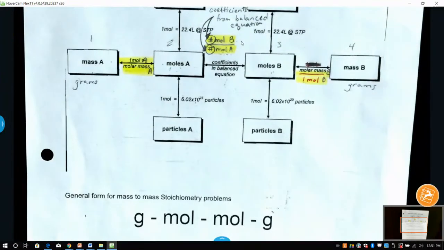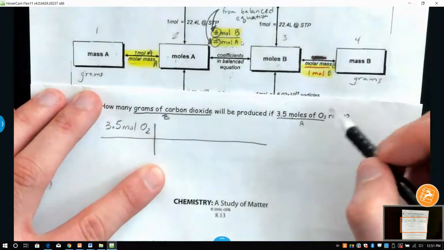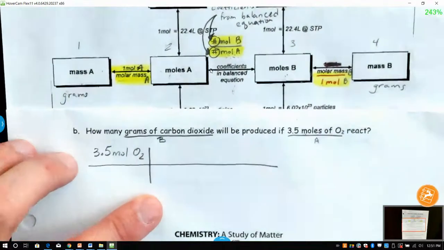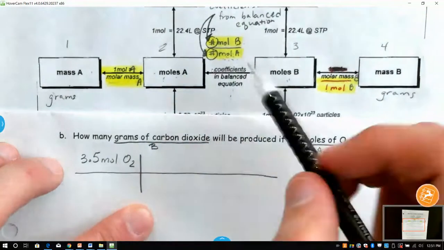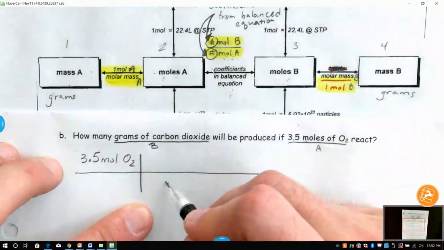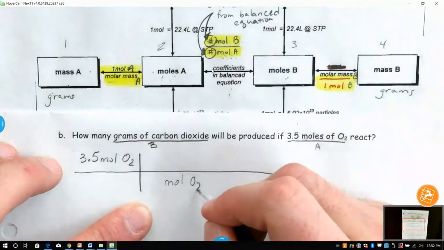Our mole ratio was 2, 13, 8, and 10. Moles of A on bottom. What substance was A? Was it O2 or carbon dioxide? O2 is substance A, so it says moles of A on the bottom. Substance A was O2.